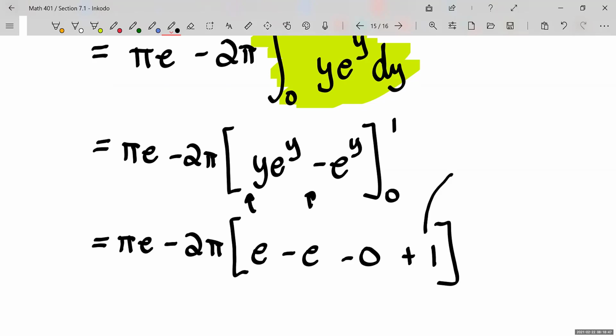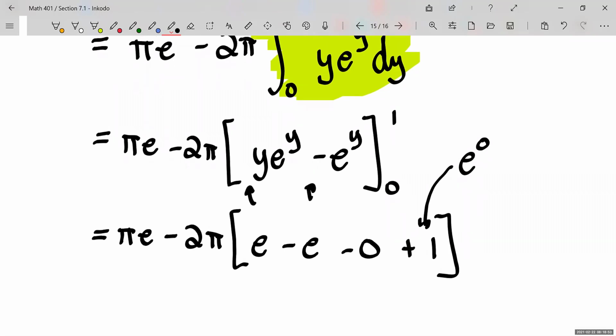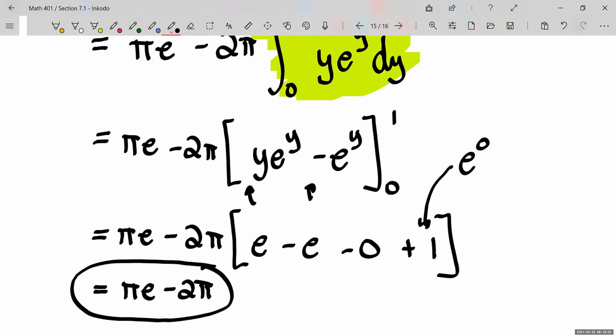That's e to the 0th, by the way. And so when you simplify this all out, that's just going to be pi e minus 2 pi. That is the volume of that rotation.